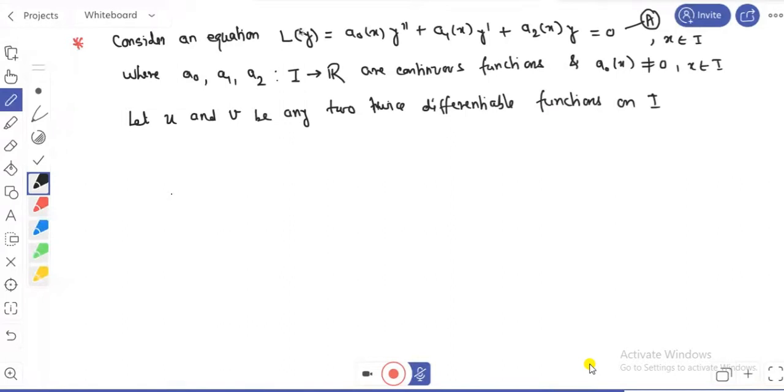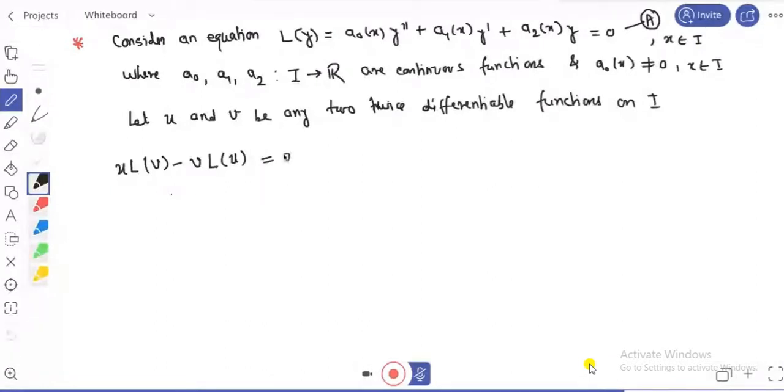So if these two are twice differentiable functions, what is the value of u L of v minus v L of u? Okay, so we have to find this value.